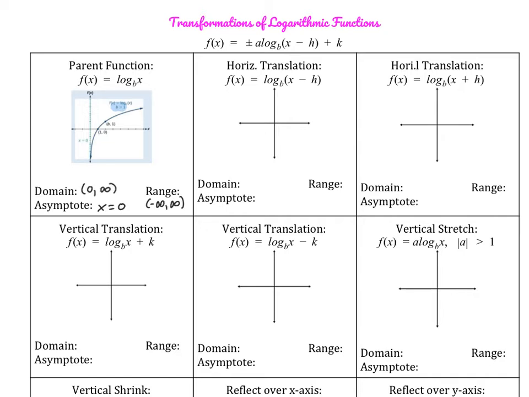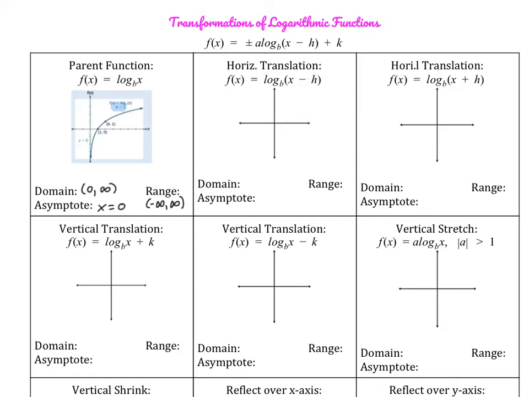Okay, so let's start by looking at these first two, if we add or subtract from x. So both of them are horizontal translations, which remember are shifts. So if we subtract from x, it actually shifts our graph to the right, and that would be h units.